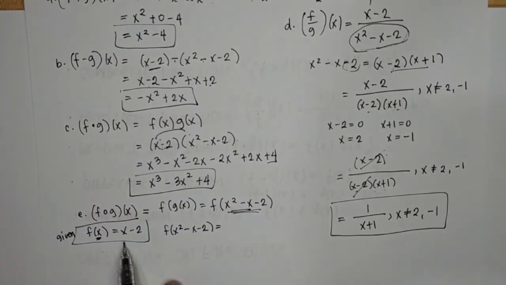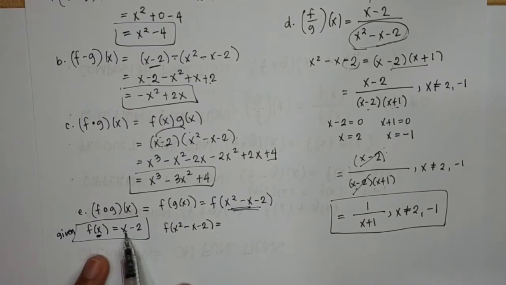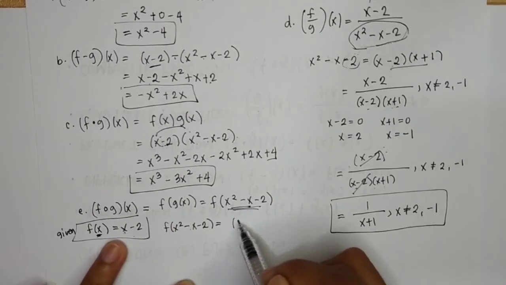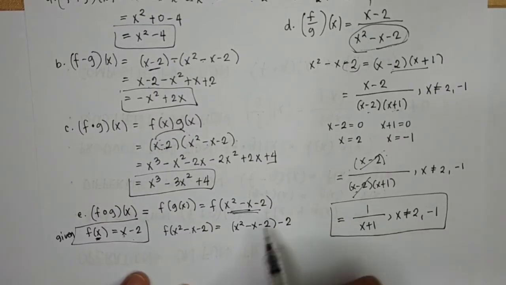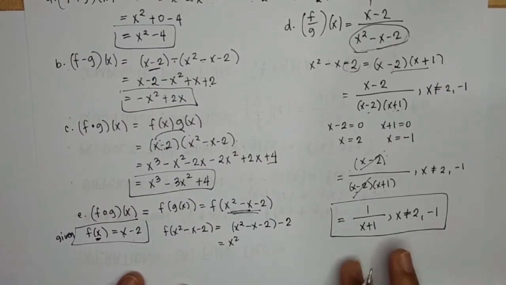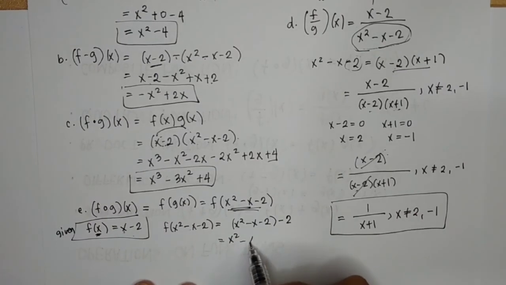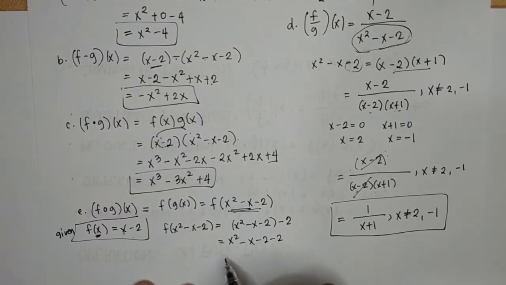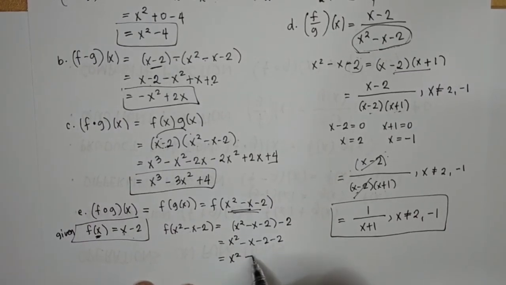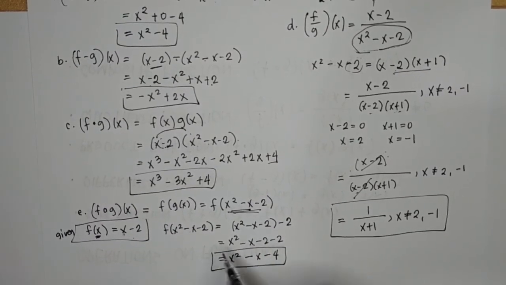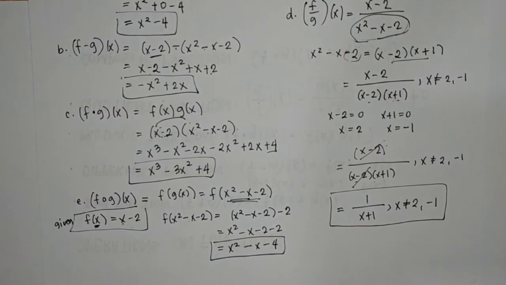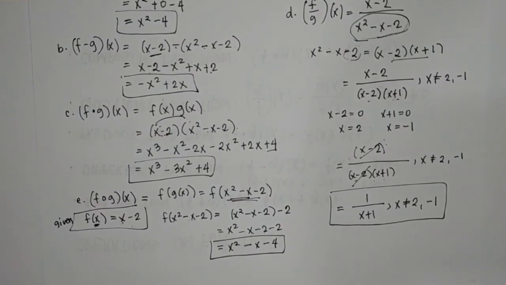This is now equal to, itong x, palitan natin ito. We have here x squared minus x minus 2 minus 2. So, this is x squared minus x minus 4. So, this is our final answer for the composite of our function.